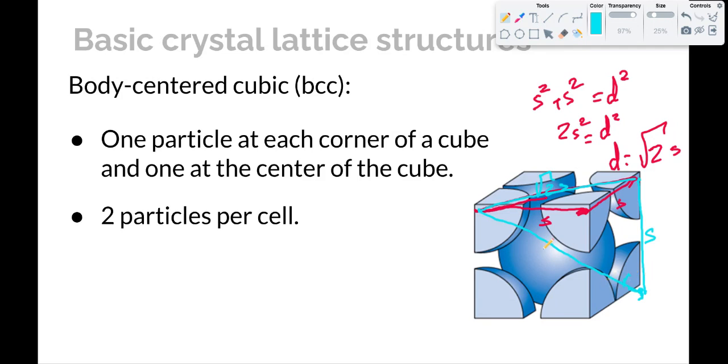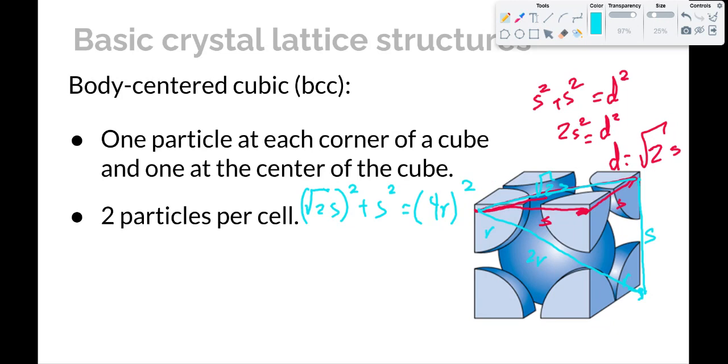It's going through a whole atom here, so that's 2 radii. And then it's going through another radius here. So that means that one leg squared, which is square root of 2s, that's the diagonal squared, plus s squared is equal to 4r squared by Pythagoras' theorem.